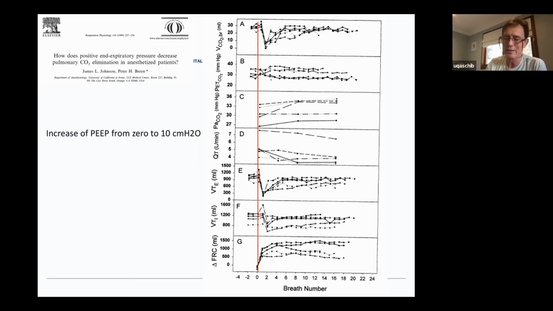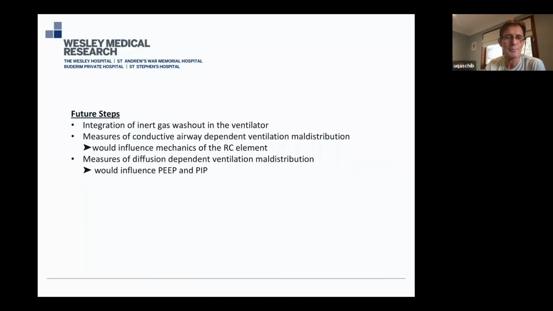It's quite a nice experiment, and it's even an experiment that you can do bedside if you have volumetric CO2 measurements, because you see that volume of CO2 exhaled will first drop and then gradually increase, but that demonstrates that you have recruited alveolar space because you get more CO2 contribution there afterwards.